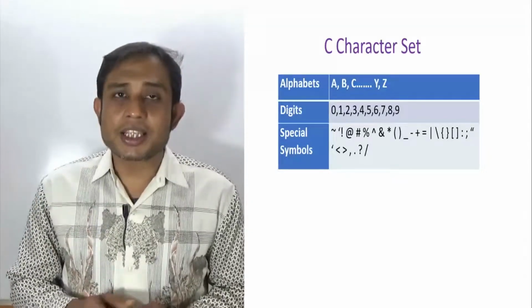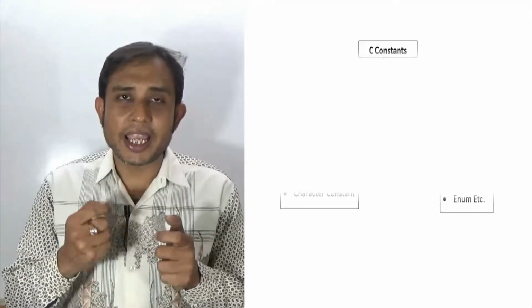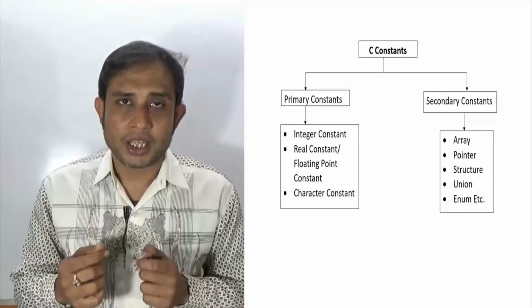Now another token is the constant. Constant means that in any programming language, if we use some value which cannot be altered or changed during the execution of the program. So a constant means we are fixing some value which is not changeable during the execution of a program.